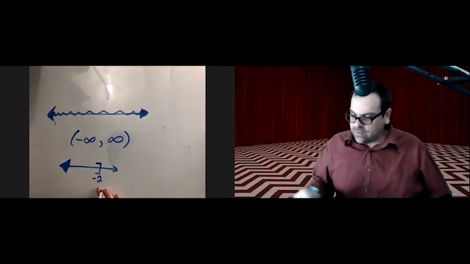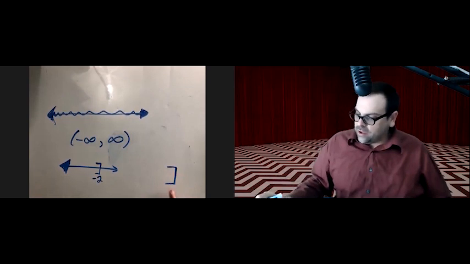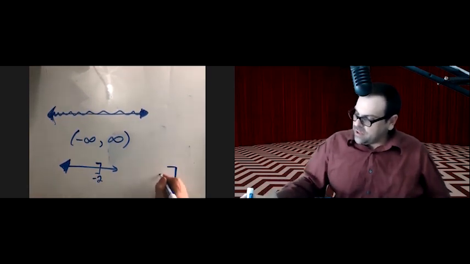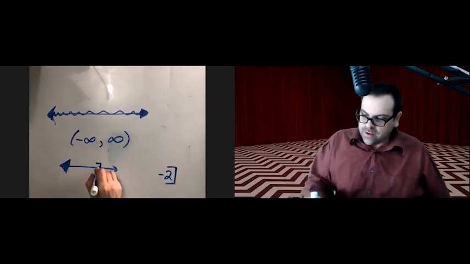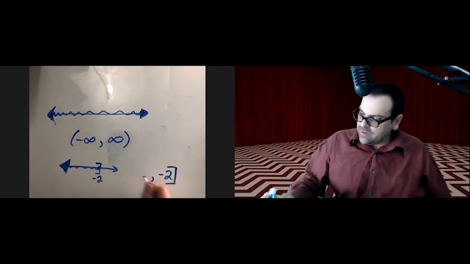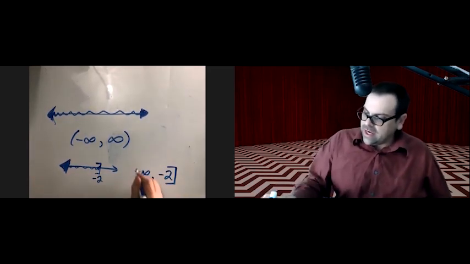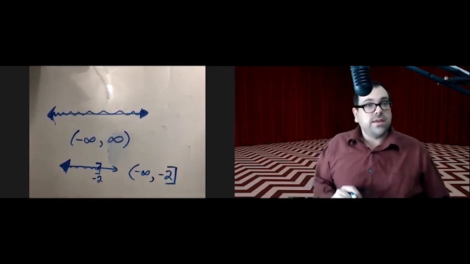So here we would have a closing endpoint, the second point of -2. It would have a square bracket with it. But since it's on and on forever in the negative direction, it's going to begin with a negative infinity. Negative infinity always takes a parenthesis.